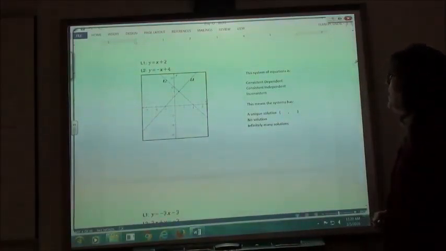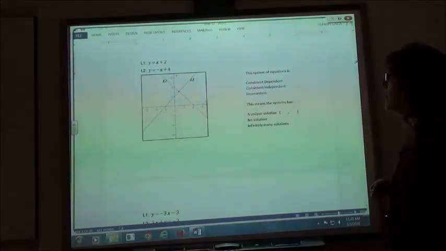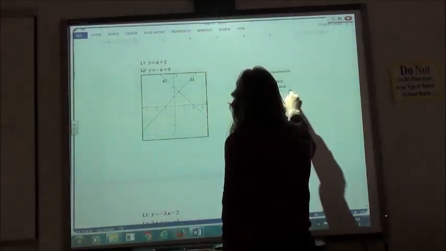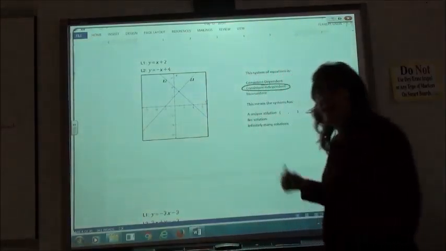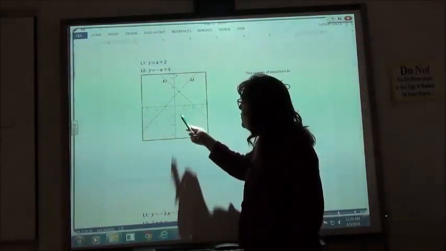On my second one here, notice I have one line intersecting with the other line. If one line intersects with the other one, they're called consistent independent. Independent meaning one.